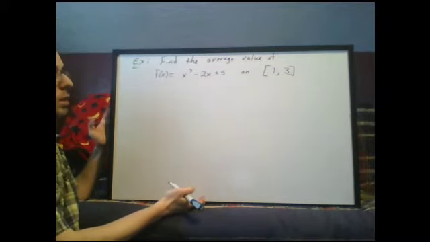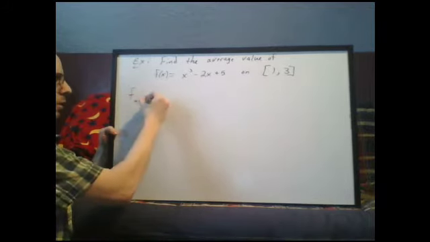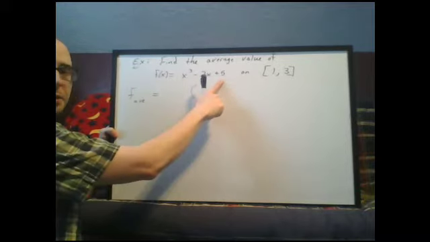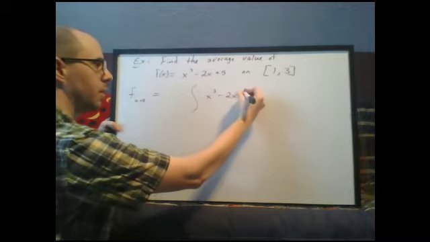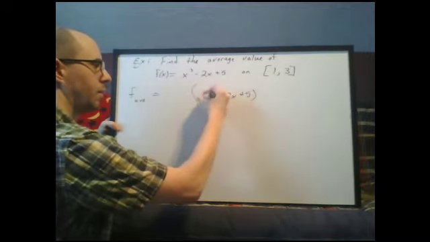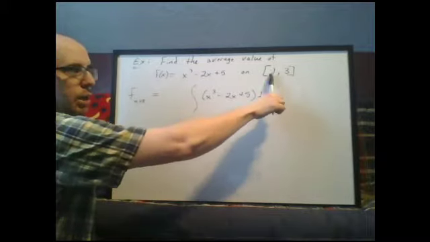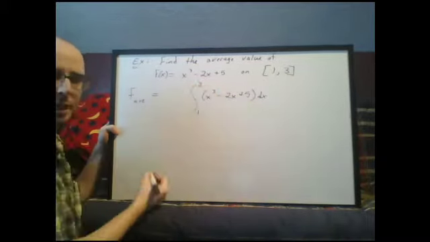Alright, so all I have to do to find the average value is set up the integral of this function, x cubed minus 2x plus 5 dx. My interval 1 to 3 tells me what numbers to put on the integral sign.